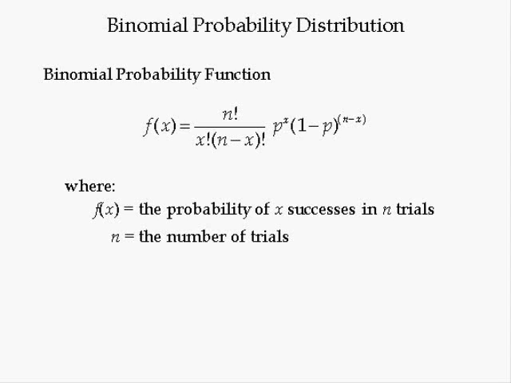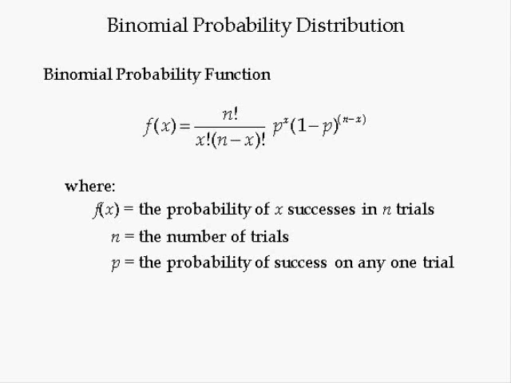If x equals 5, the number of male students that don't have game is 15. Thus, with n equal 20, x equal 5, n minus x is 15. p is the probability of success. Again, since there is only success and failure in a binomial experiment, 1 minus p is the probability of failure.